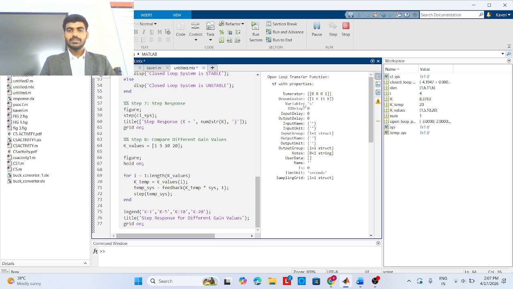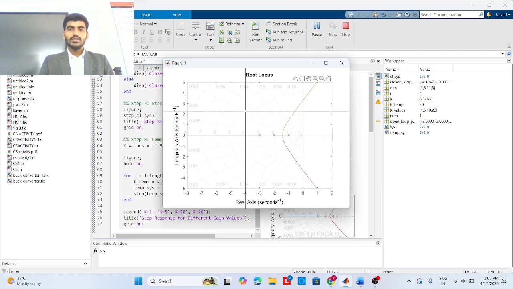So when we run the program, the open loop transfer function parameters are shown. So this is the root locus, with the imaginary axis and real axis.